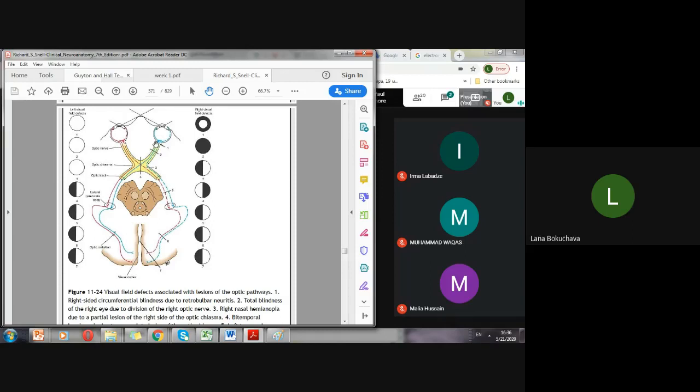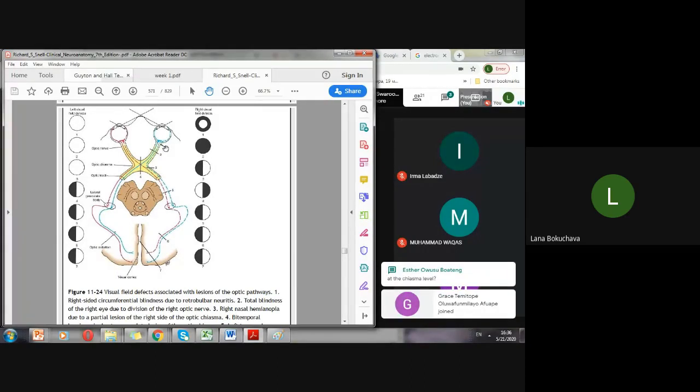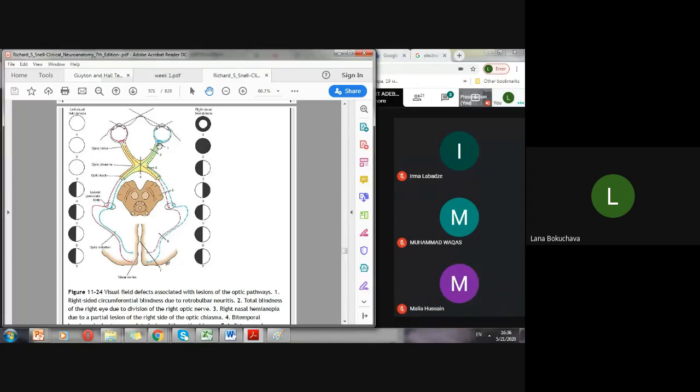So let's think together. What may happen with the optic nerve? Not at the chiasma level, at number 1. Do you see, Esther? At number 1. See, this is the optic nerve. It's not the optic chiasma.